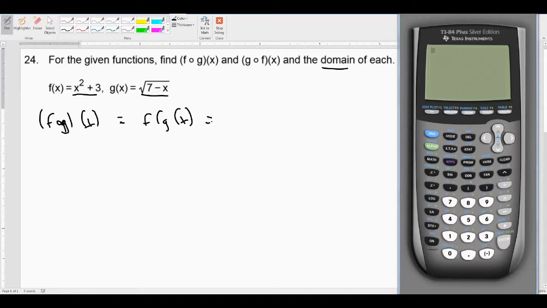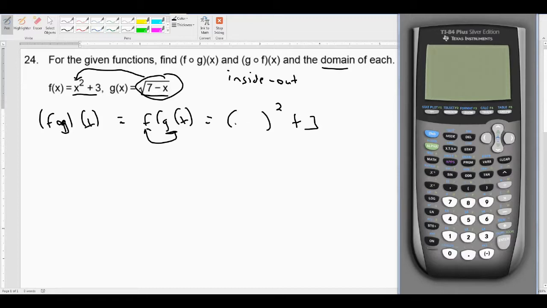And what that basically means is you're going to take this g of x function and put it into the f function. So take this whole function and substitute it into the x. So instead of writing down x squared, we're going to write blank squared plus 3, and that blank is the inside function, g of x, because we're going inside out. So g of x goes inside the outside function, and g of x is the square root of 7 minus x.